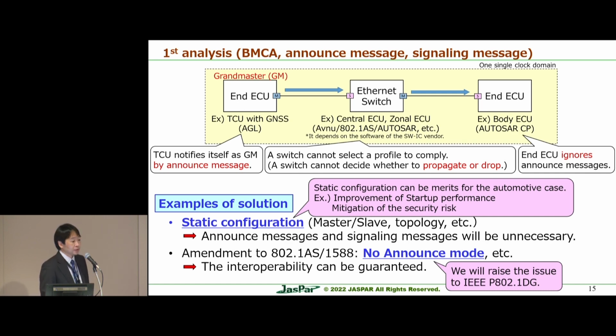The second solution is an amendment to 802.1AS or IEEE 1588, for example, adding a no announce mode. I know it's not easy, but if it works well, the interoperability can be guaranteed. JASPAR has raised the issue to IEEE 802.1DG, and it is under discussion.